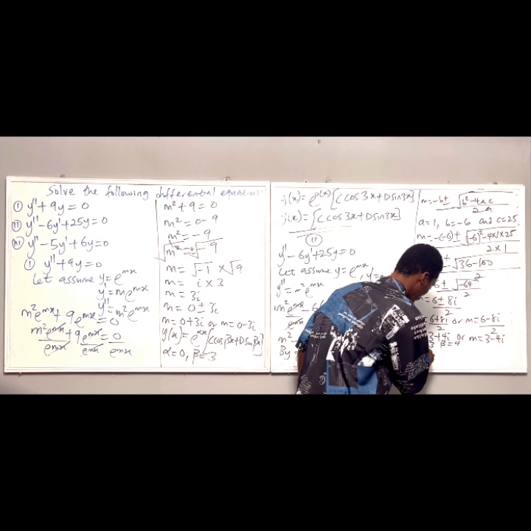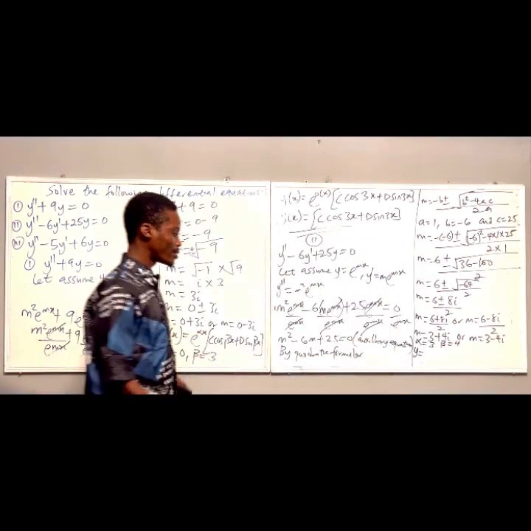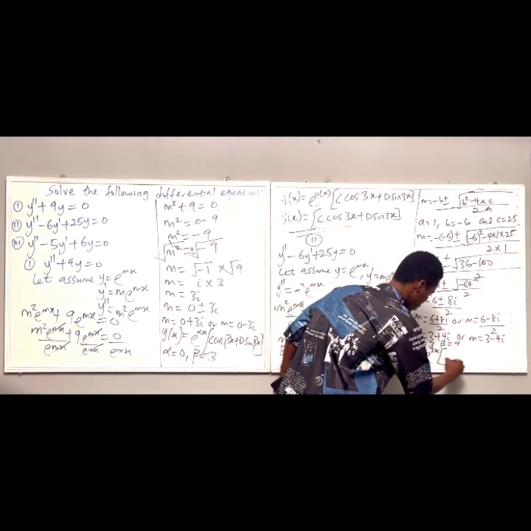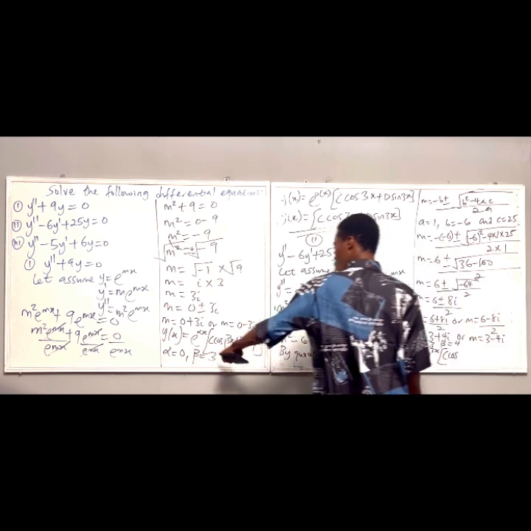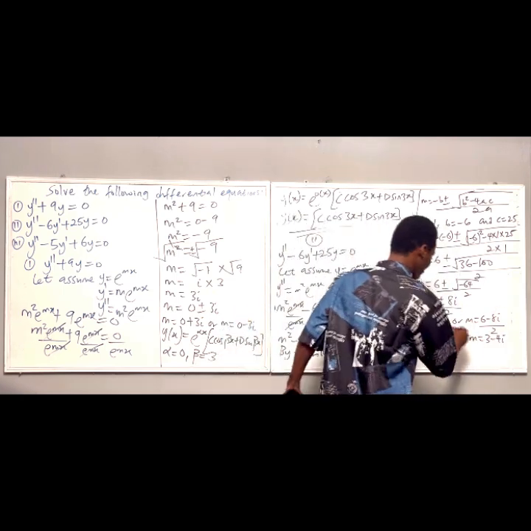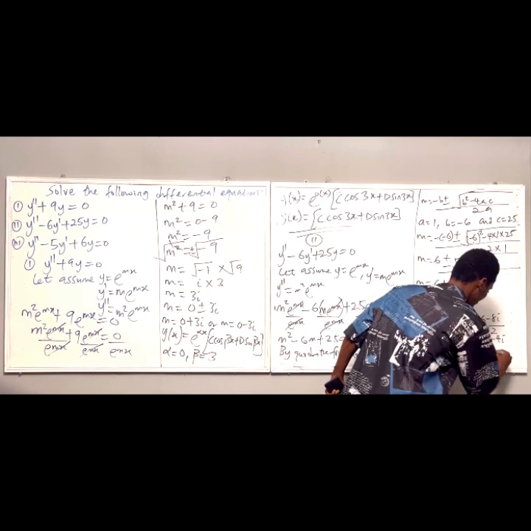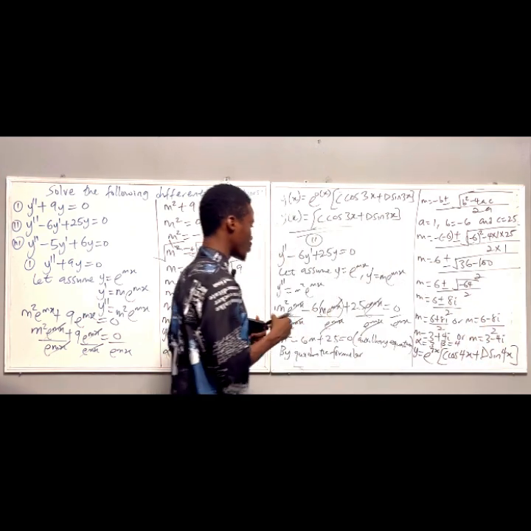So I'm going to have y is equal to e^(alpha x), that is e^(3x), then c cos(beta x), where beta is 4, so c cos 4x, plus d sin 4x. So this is the general solution to the answer.